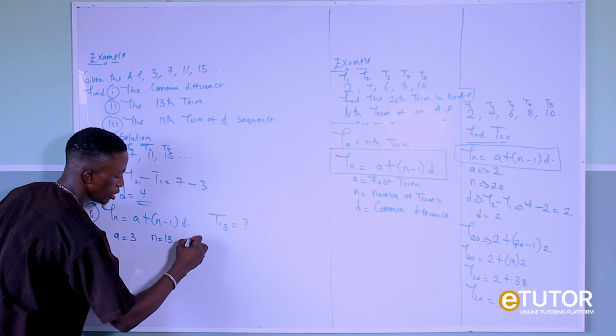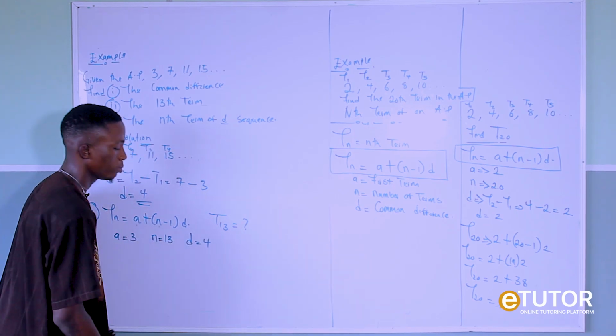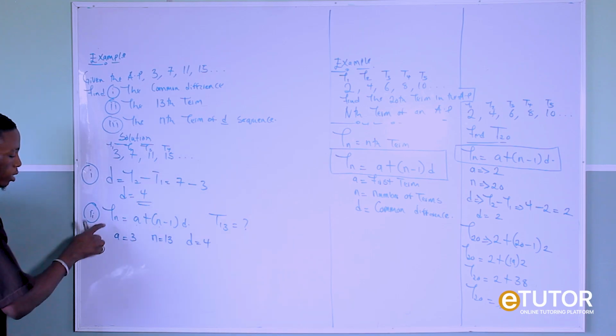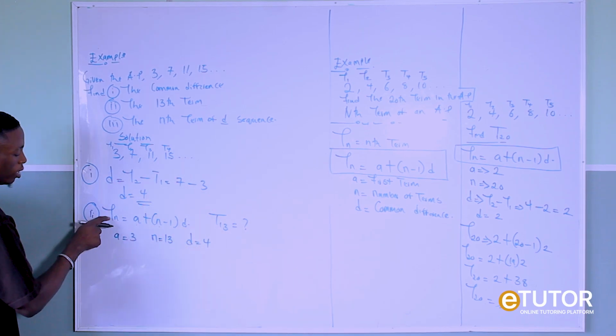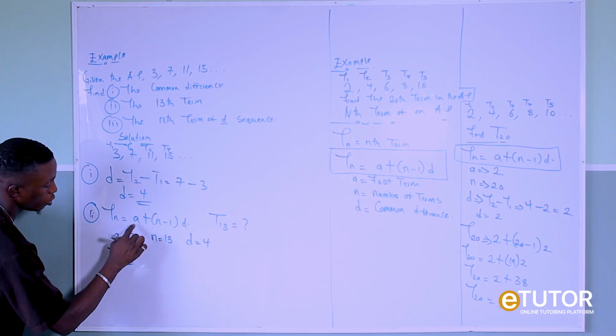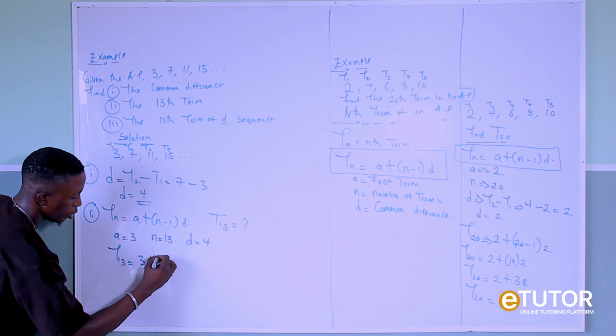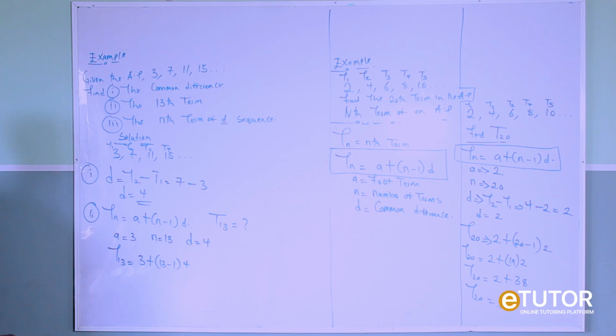So now the common difference D, we solved it here, so D equals 4. So now, substitute the values inside of the formula. So we are going to have T13 equals A is 3 plus 13 minus 1 times 4.